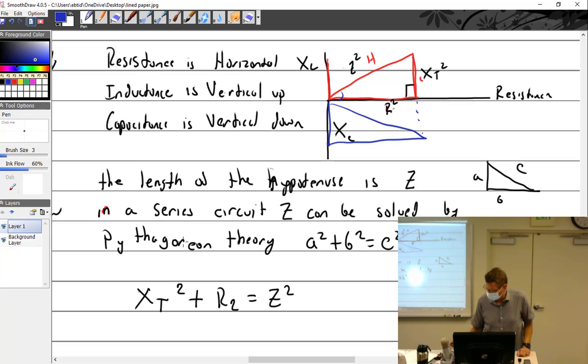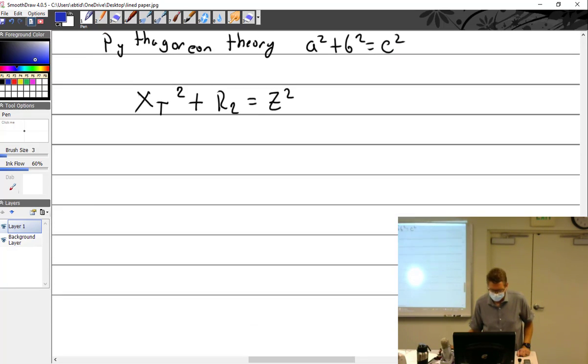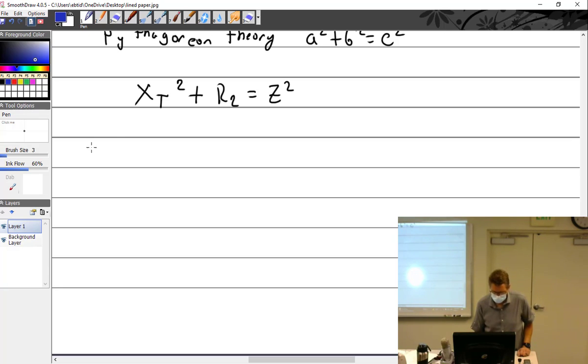All right, so let's see, we got time for more. So just a few points here. Z, which stands for impedance.